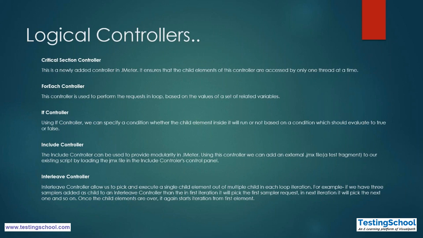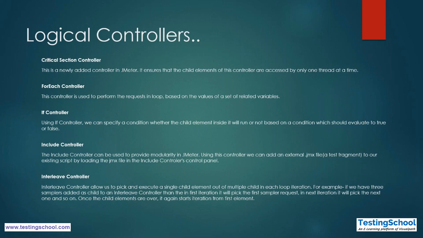The next is the interleave controller. The interleave controller picks one of the child elements in that section and executes it. Suppose you have five child elements, that is five samplers, placed in an interleave controller, and you are running the whole script, say, 10 times.